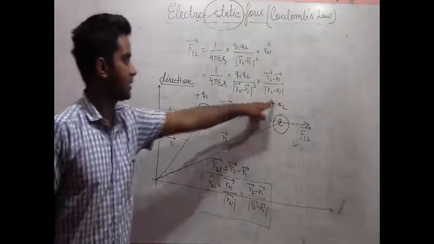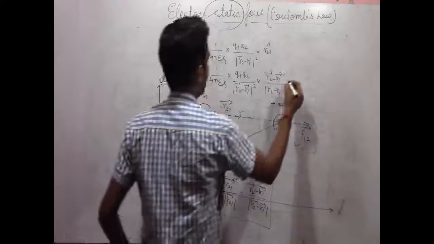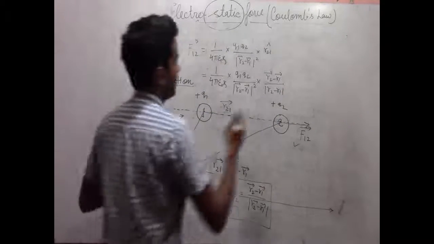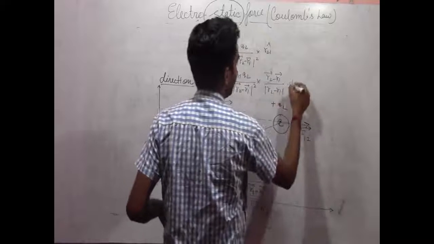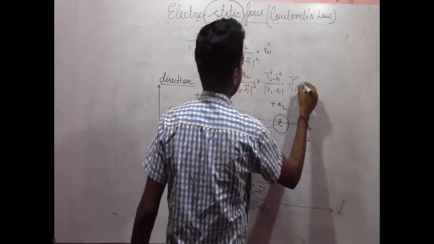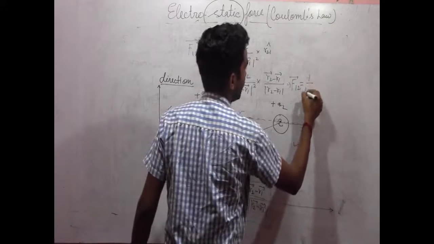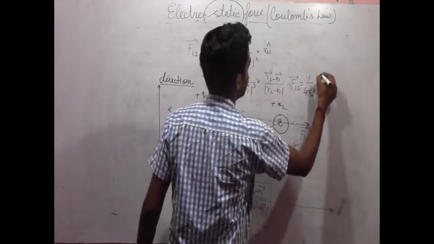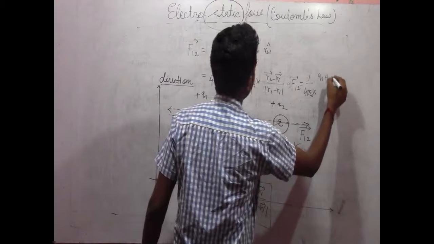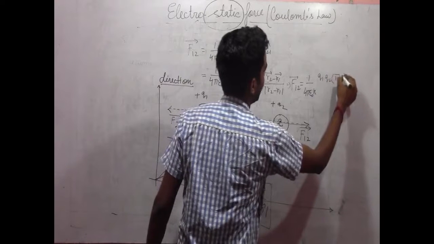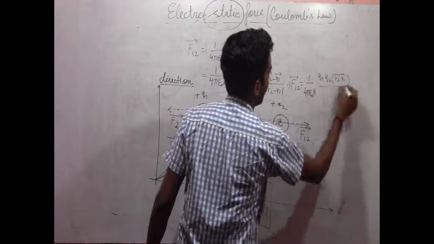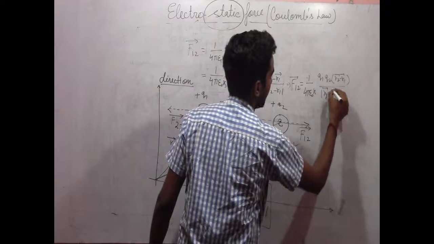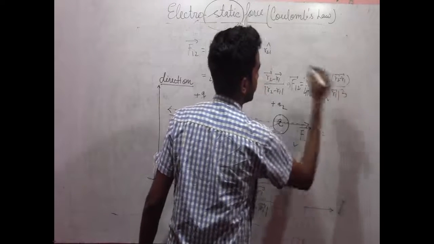You may just calculate it. Its value has become F12 is equal to 1 by 4 pi epsilon naught k q1 q2, in bracket, vector r2 minus vector r1 upon mod of vector r2 minus vector r1 cubed.